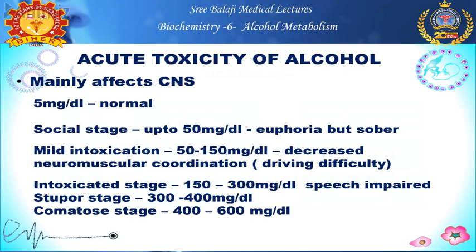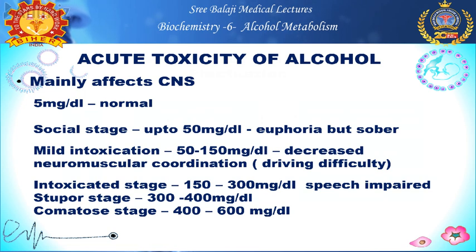Acute toxicity of alcohol. It mainly affects the CNS. Blood concentration of alcohol less than 5 mg per dl is considered normal. The social stage is up to 50 mg per dl, which leads to euphoria, but the individual will remain sober.